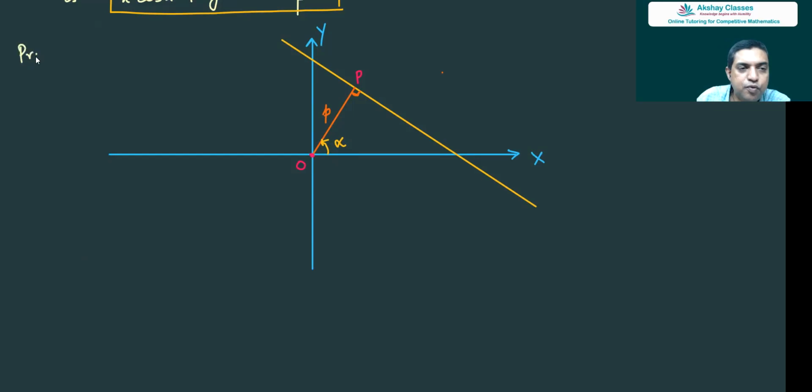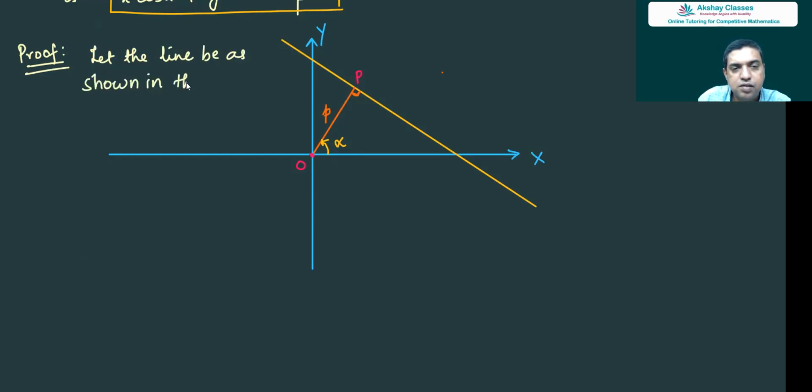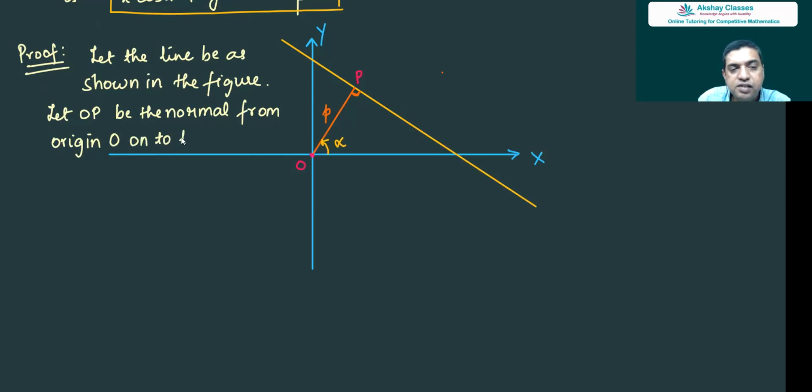So I'm showing the proof. Let the line be as shown in the figure. All right. So let OP be the normal or perpendicular from the origin O onto the line.